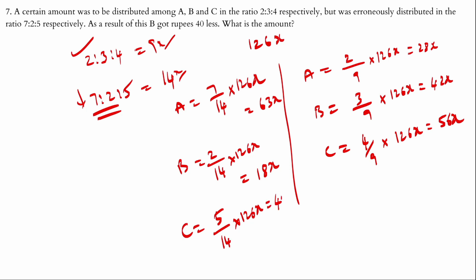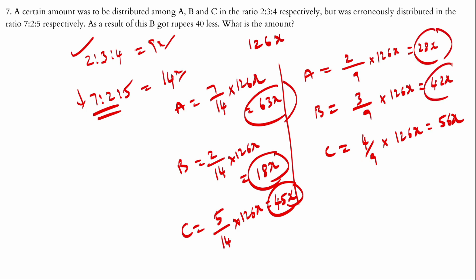This will be equal to 45x. This is the value of A, B and C. These are the original values, these are the erroneous values. But as a result, B got 40 rupees less. So the difference of the original value and the erroneous value of B is 40.